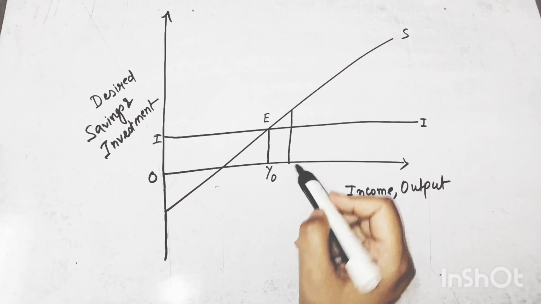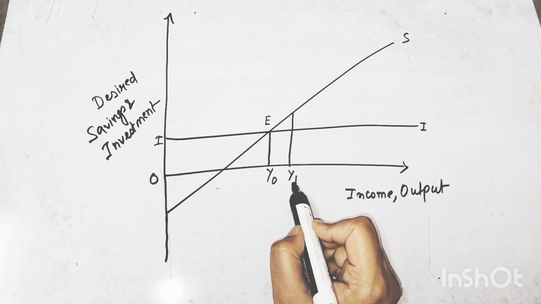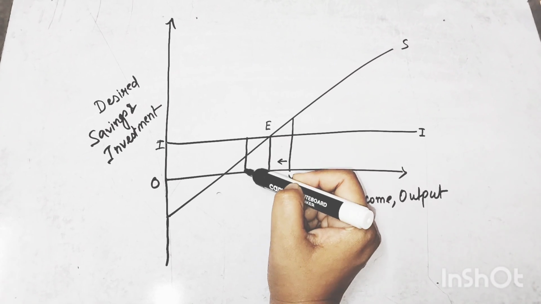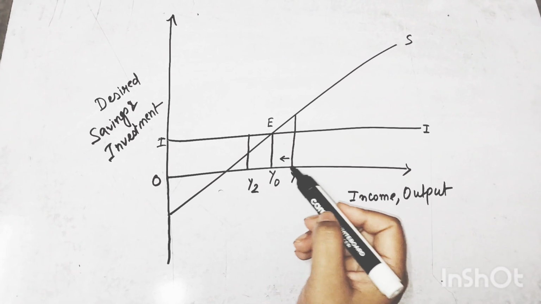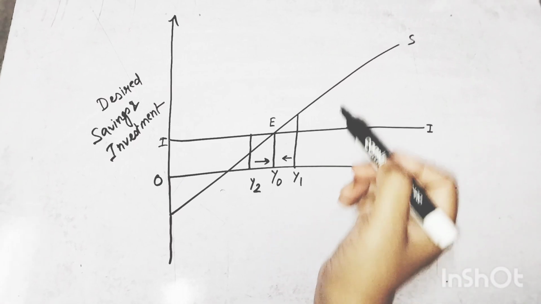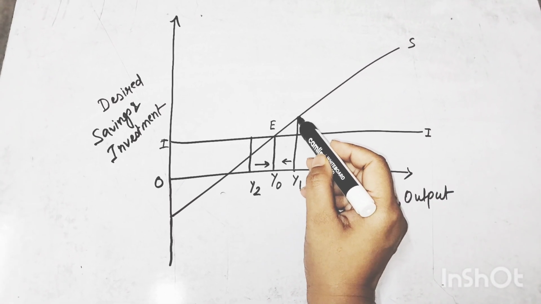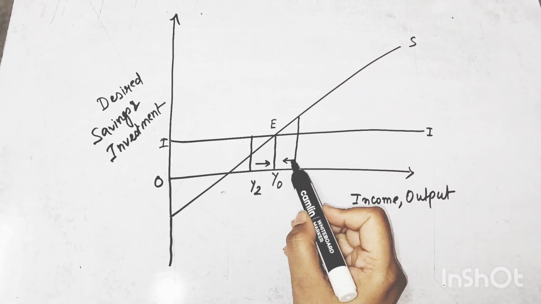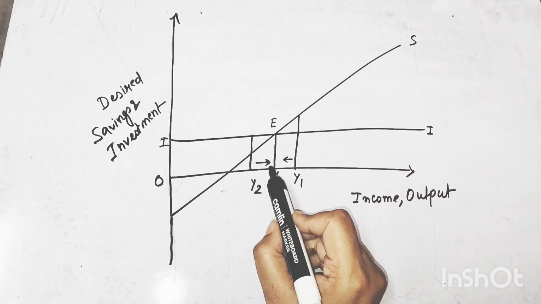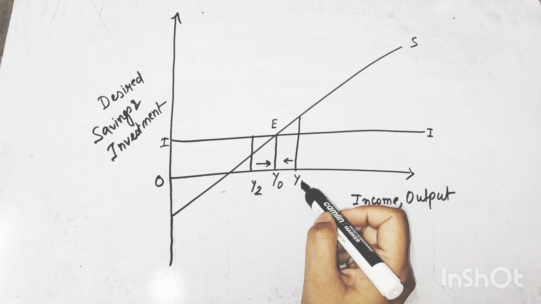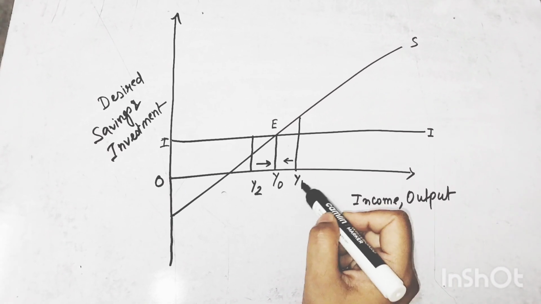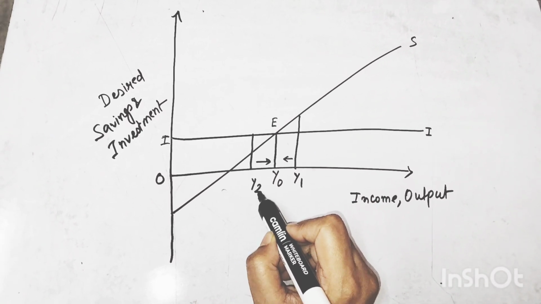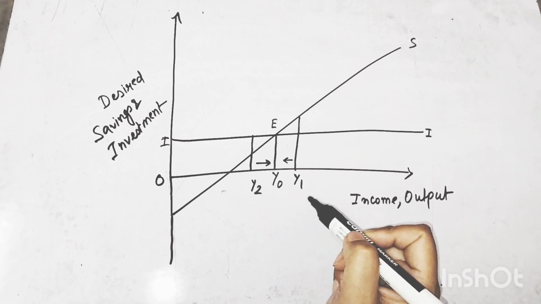Now if your income is at y1 and when your income is at y2, we can see that at y1 we have to reduce our production and at y2 we have to increase our production.